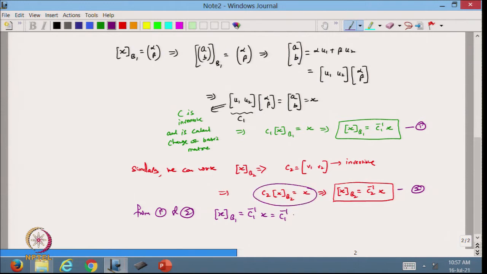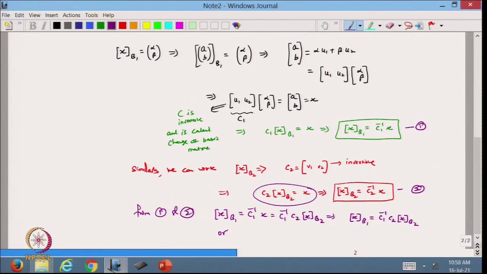So, from here I can write C2 B2. So, that gives me that the coordinate of x with respect to B1 directly can be written as C1 inverse C2 with respect to B2.